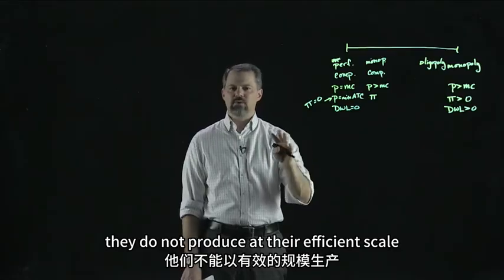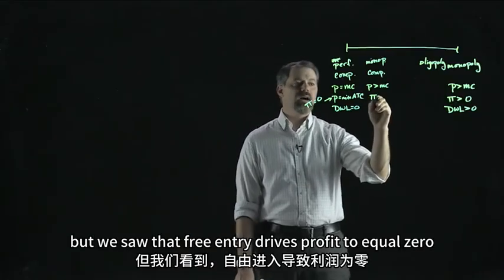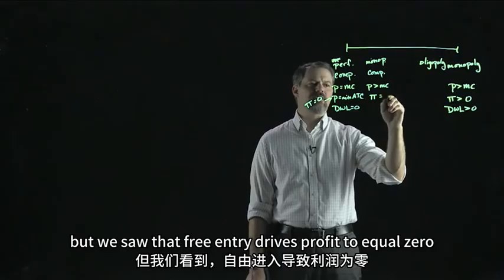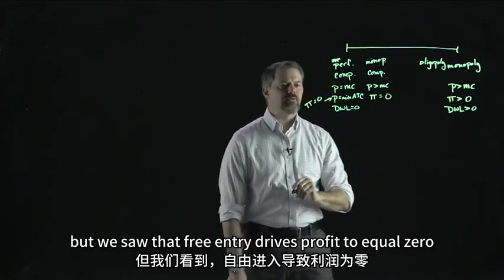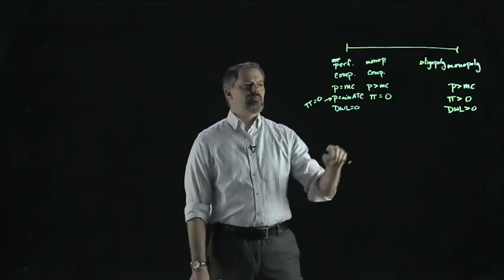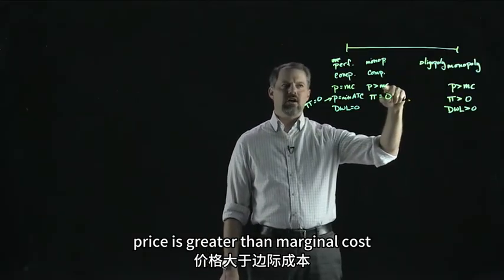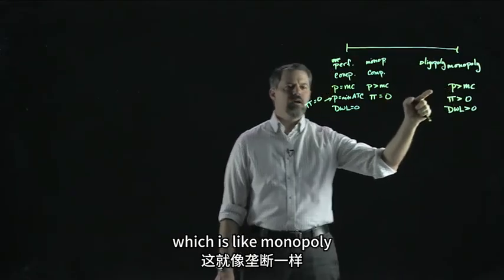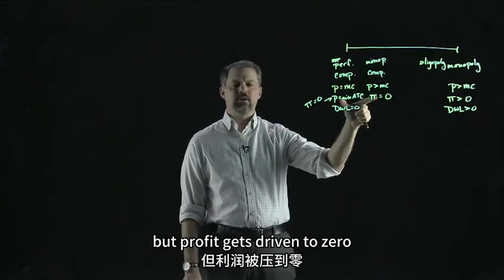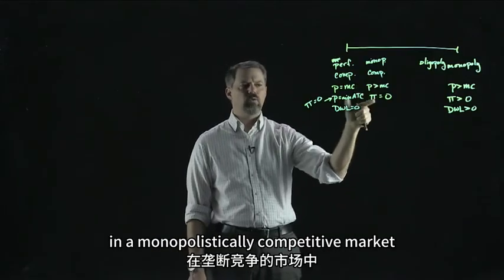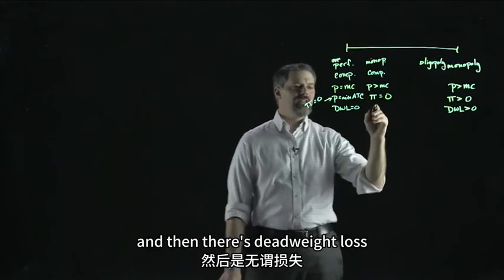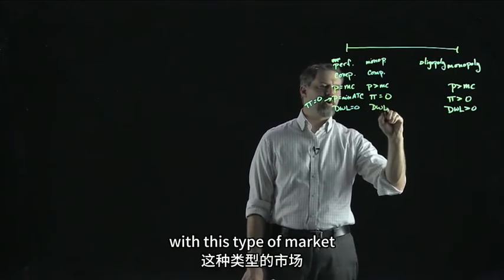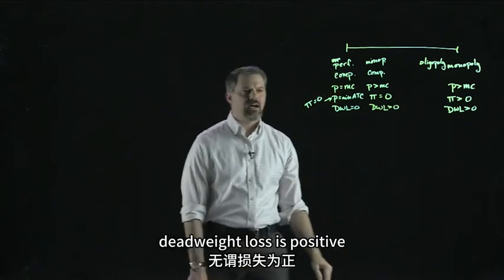They do not produce at their efficient scale, but we saw that free entry drives profit to equal zero. So price is greater than marginal cost in a monopolistically competitive market, which is like monopoly, but profit gets driven to zero, which is like competition. And then there's deadweight loss with this type of market. Deadweight loss is positive.